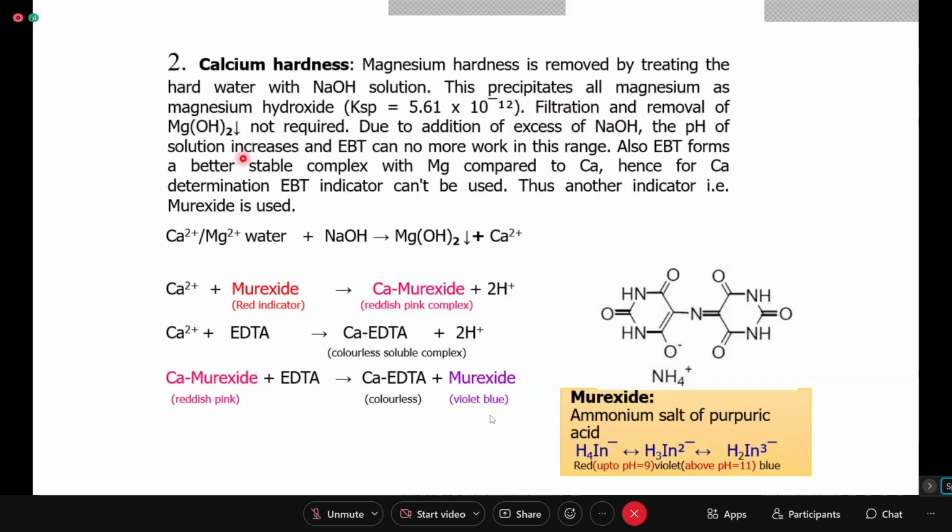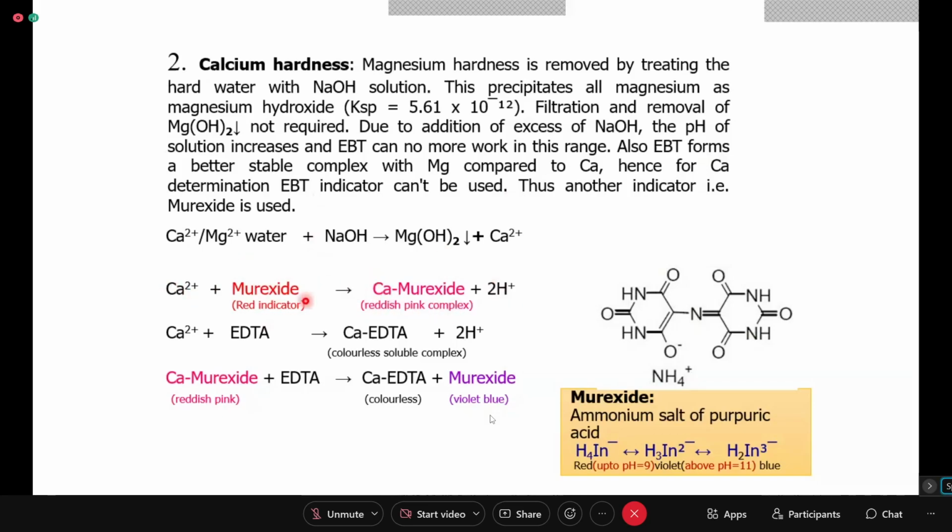Let it remain in the solution, and then you add murexide indicator, and then it can be titrated with EDTA, and calcium forms a reddish pink colored complex.